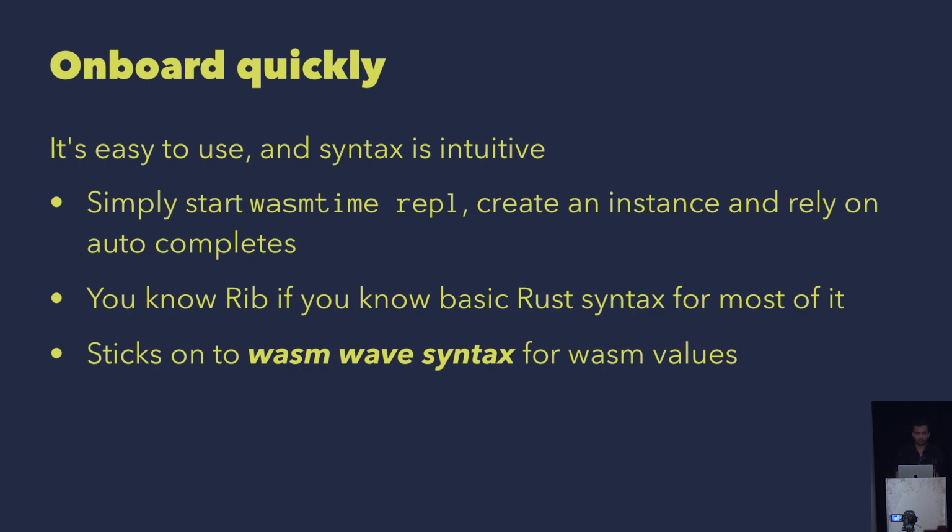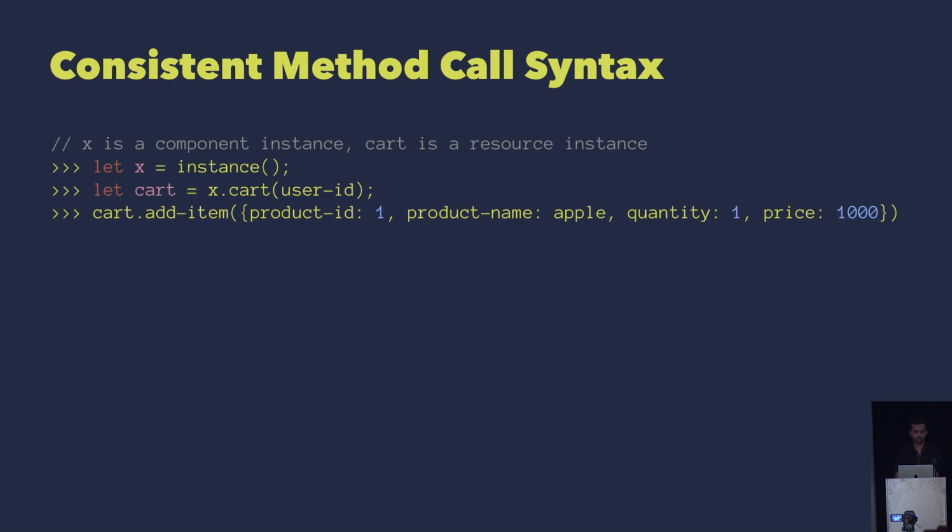So it's very easy to onboard, and it still sticks to the Wasm Wave syntax for Wasm values. So, consistent method call syntax. We have seen an example where instance was an instantiation of the component, and then there is something called a resource in the WIT file, and I'm creating an instance of that resource.